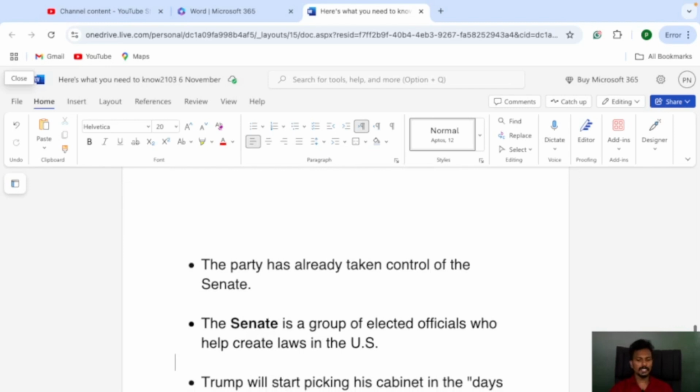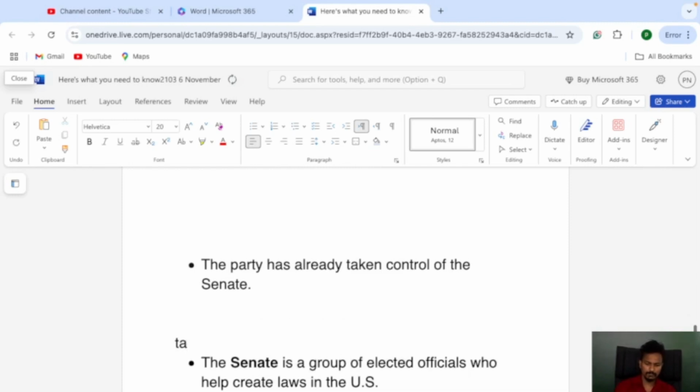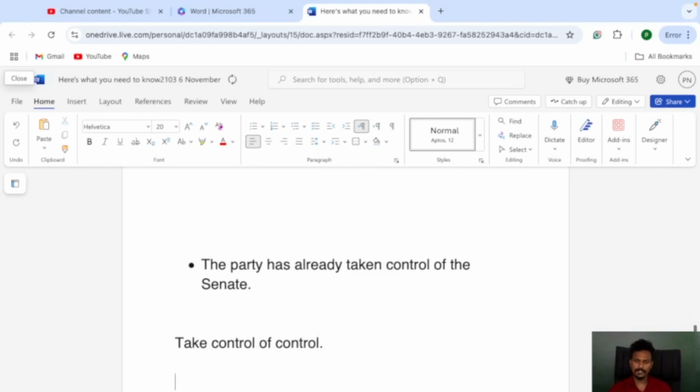Okay. The party has already taken control of the Senate. Taken control. If you take control of something, what do I mean by that? It means to bring something under your control. Are you trying to take control of this business? Are you trying to take control of me?